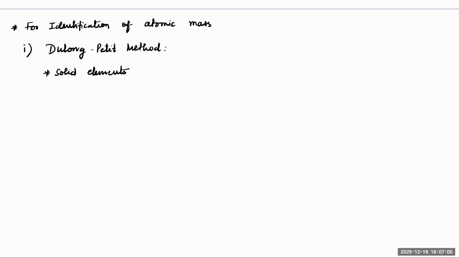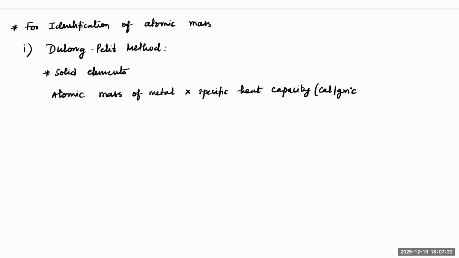It says that the atomic mass of a metal or something which is solid, into specific heat capacity, which is normally given to you for such cases and is usually measured in calories per gram per degree Celsius, that product value is approximately equal to 6.4.